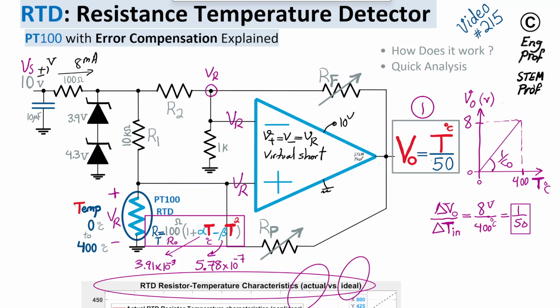Note that these Zener diodes, 3.9 and 4.3 volt, add together to give 8.2 volt DC fixed at the input of the circuit for the supply. This combination is very powerful in guaranteeing a very stable 8.2 volt that is practically not changing as a function of temperature.